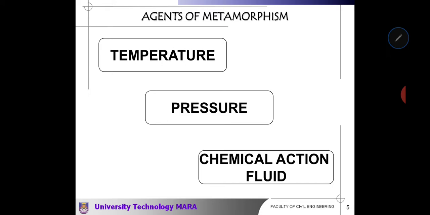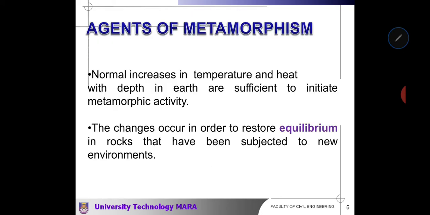So to discuss metamorphism, we discuss in detail each of these metamorphism agents. The first one is temperature, second pressure, and the last one is chemical action fluid. So temperature or heat, if the temperature is high enough, it can change the original rock to a new one.